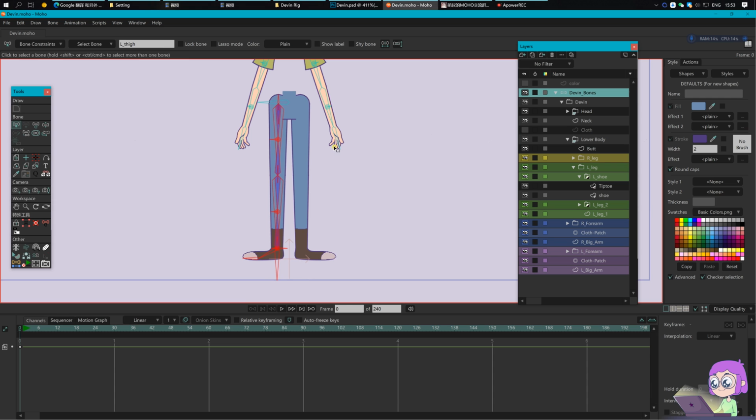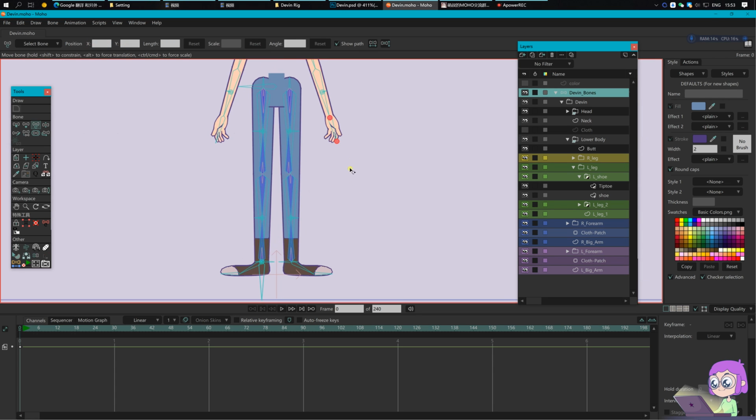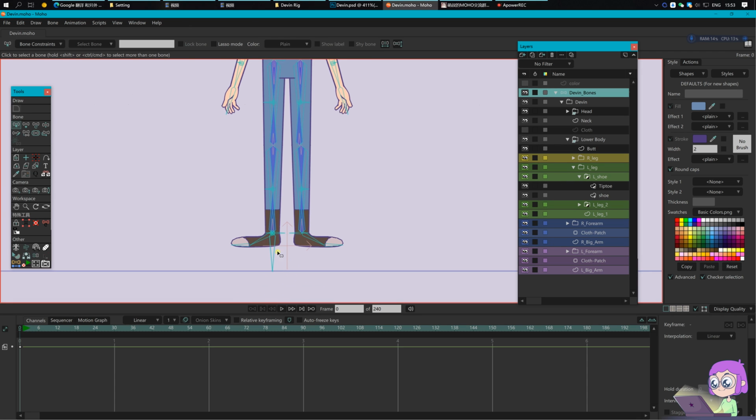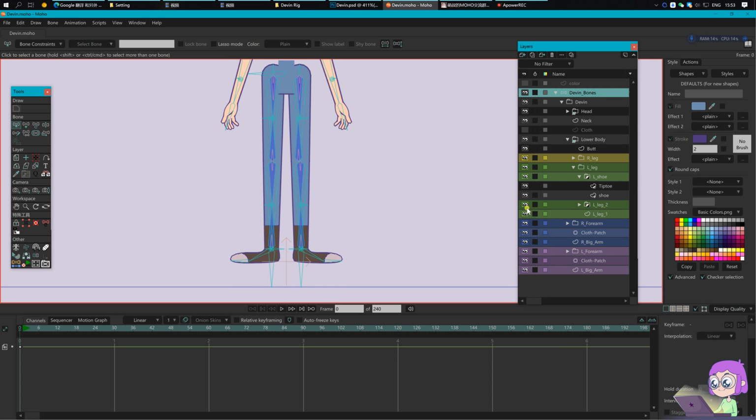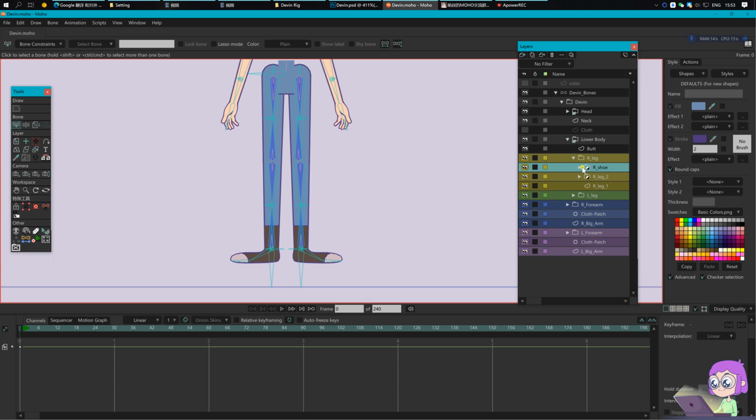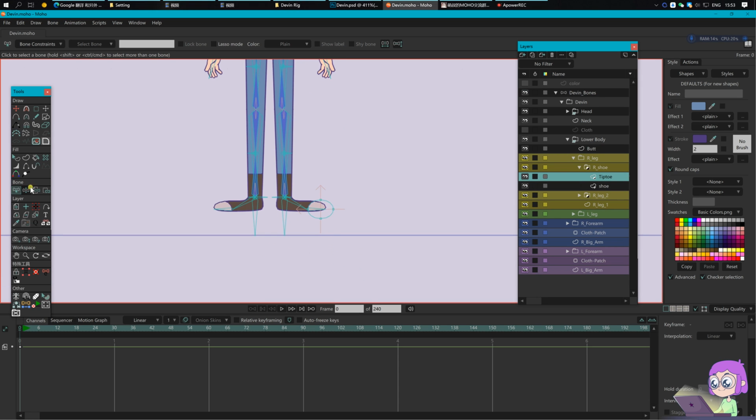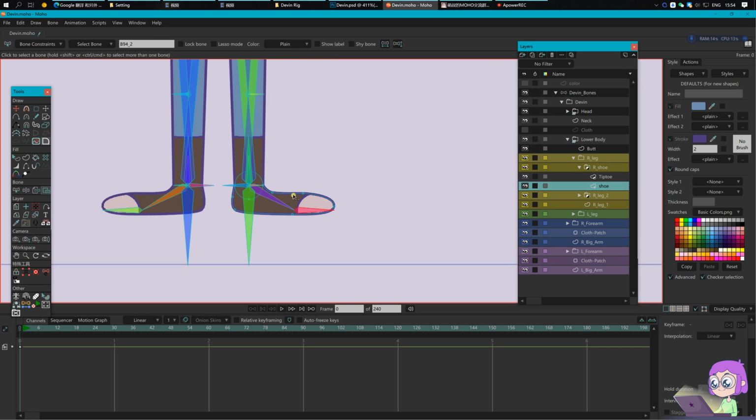Now copy and paste the bones of the left leg to the right leg. And then find points.